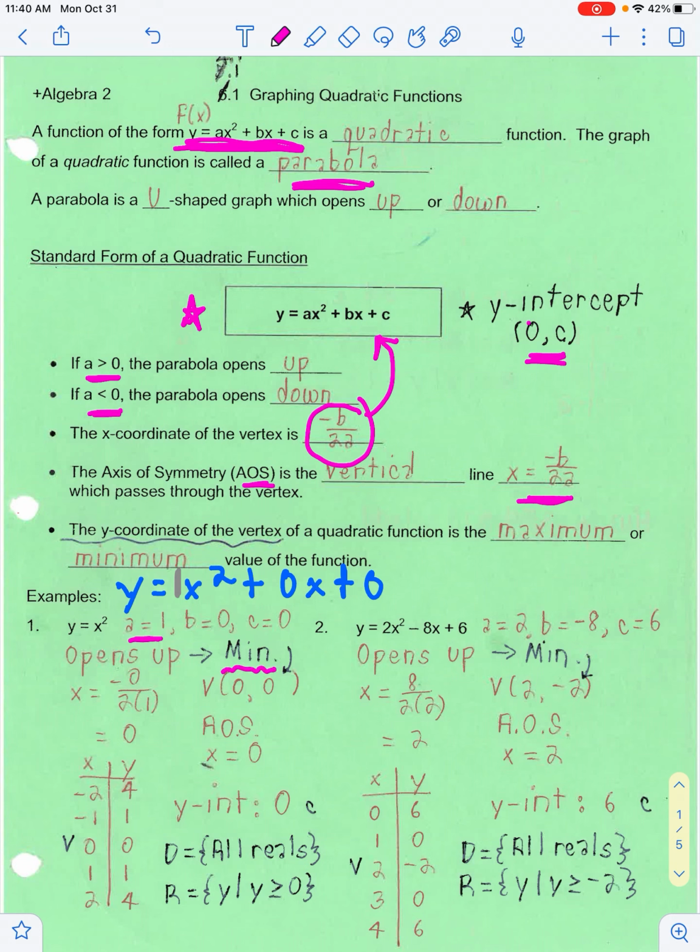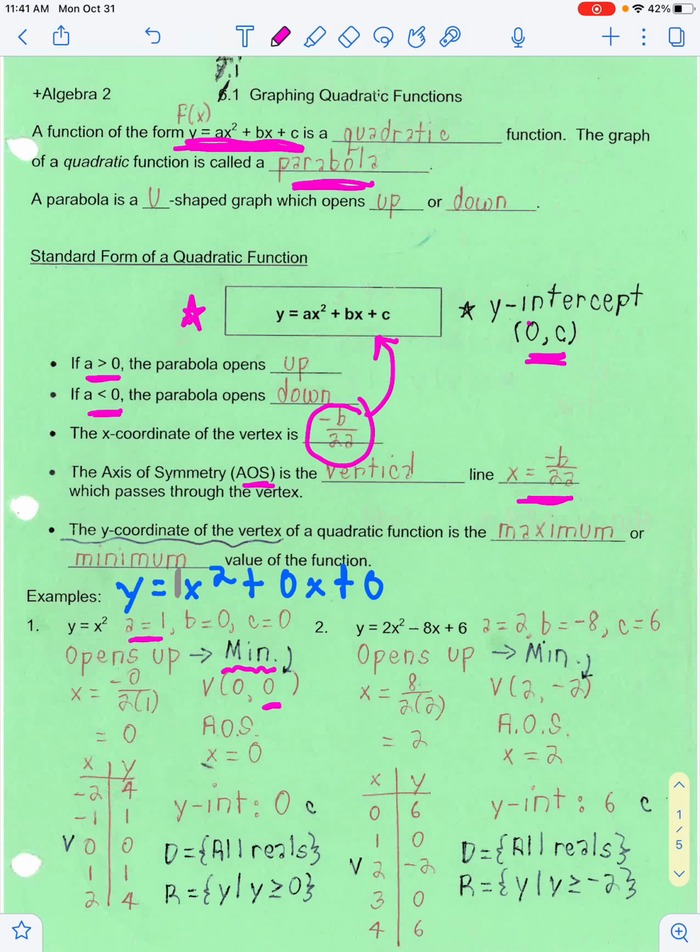And that minimum value is the y-coordinate of the vertex, or 0. And I'll point that out when we see the graph. So to find the x-coordinate, we're taking the opposite of b, which would be still 0, over 2 times a, 2 times 1, and 0 over 2 is going to be 0.